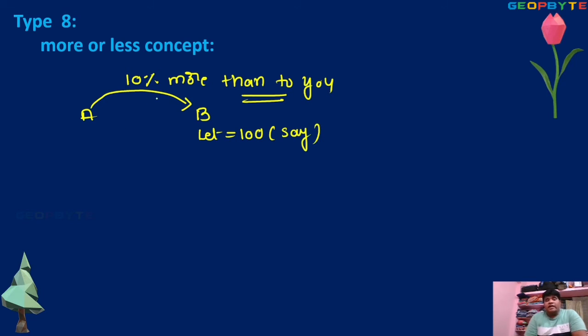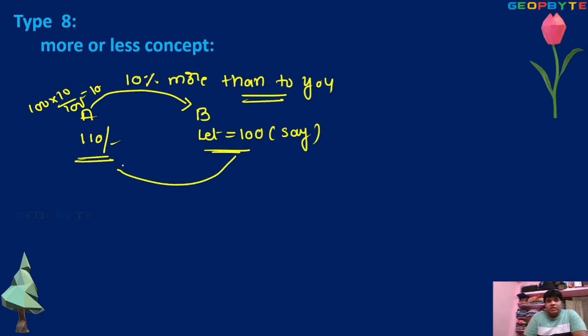Now A said I am 10% more than you. Then what is the A value? 10% more. In that 100, 10%. The answer is 10. So what is the A value then? 110 rupees. Now B had 100 rupees, A had 110 rupees.